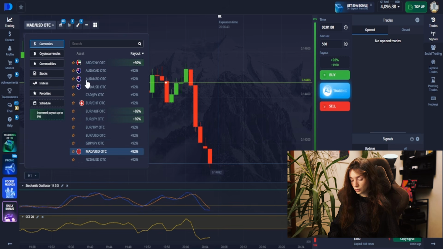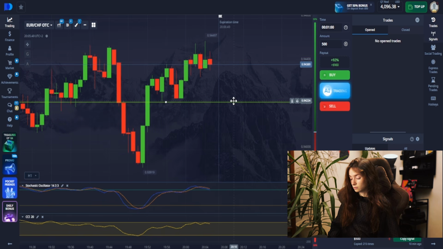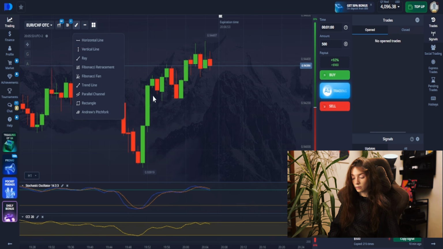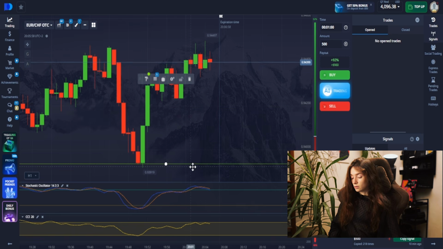Now let's choose a currency pair to work with. I'll mark the levels right away on the 1 minute time frame.